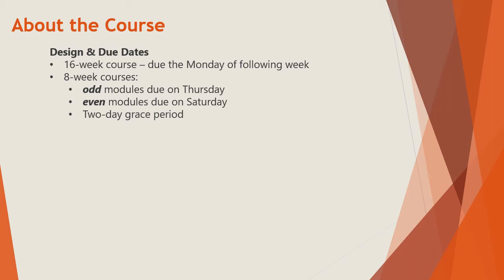And if you haven't finished Module 2 assignments by Saturday, you have until Monday to get those in. The one difference in this course is the discussion pieces. You really need to meet the deadlines for handling discussions within your specific group.